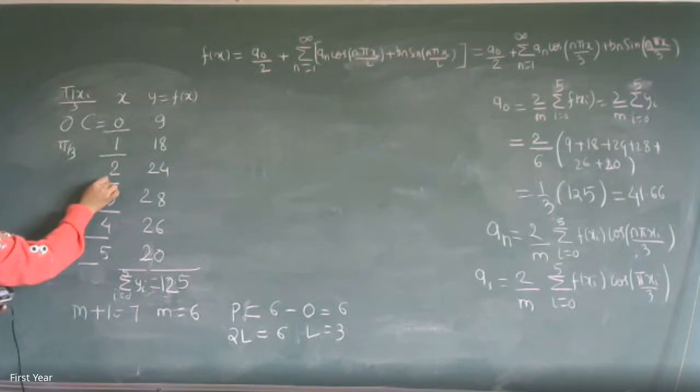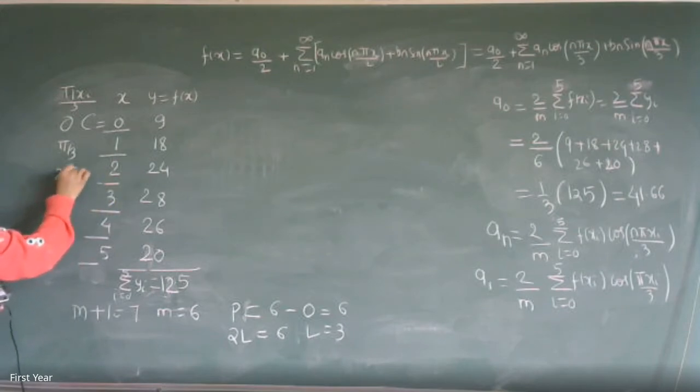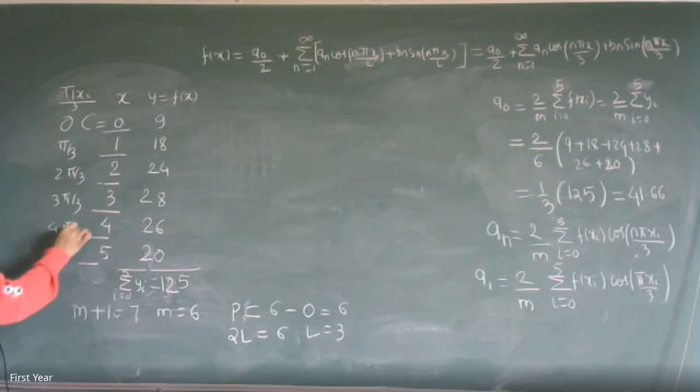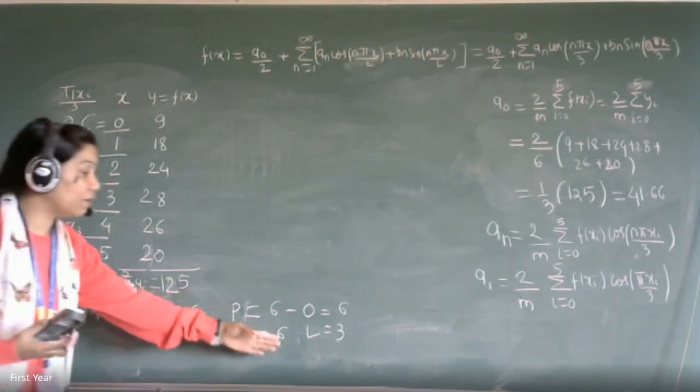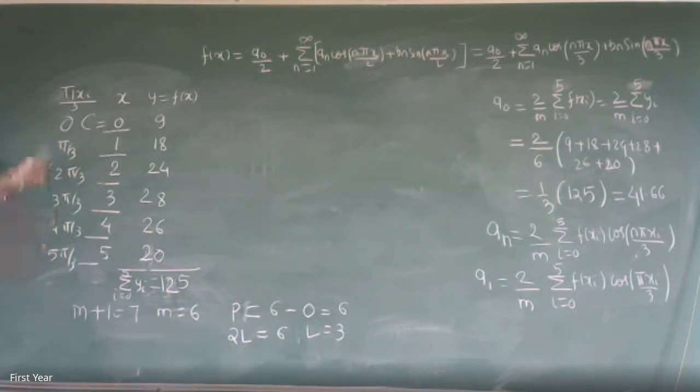Then x equal to 2 is 2 pi by 3. Then 3 pi by 3, 4 pi by 3, and 5 pi by 3. Can you see that they are equal length? It was 2l by n in general. Here 2l by n turns out to be 2l is 6 divided by n, the number of parts, which is 6, so 1. What is the width of each of that interval?